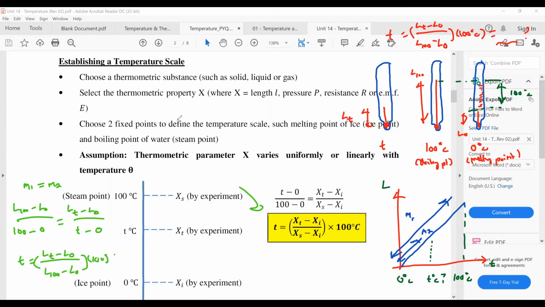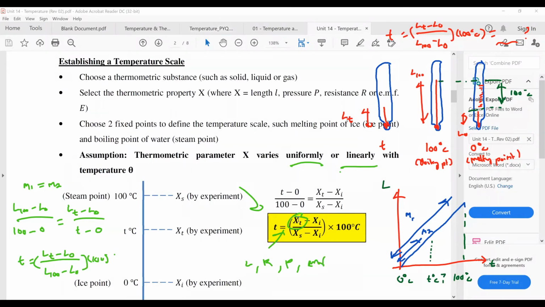If you have any kind of thermometer that makes use of a thermometric property, and assuming that the thermometric property is varying uniformly or linearly with temperature, you can use this equation here, where X is that thermometric property, which can be your length, your resistance, your pressure, or your EMF.